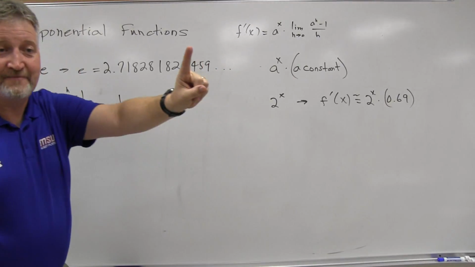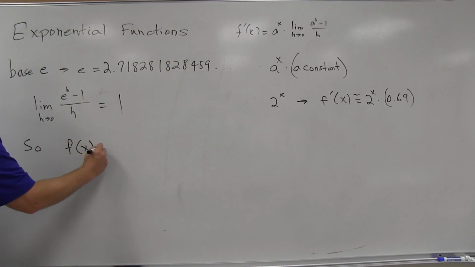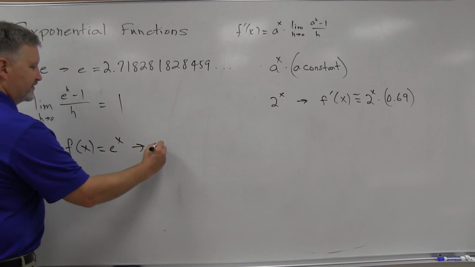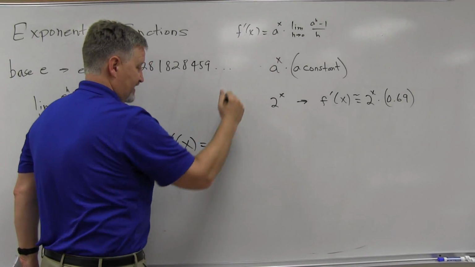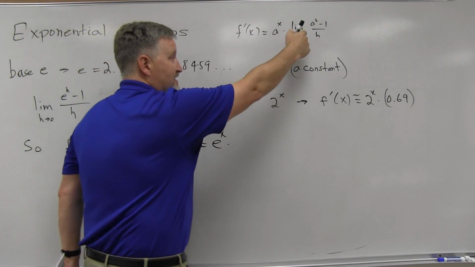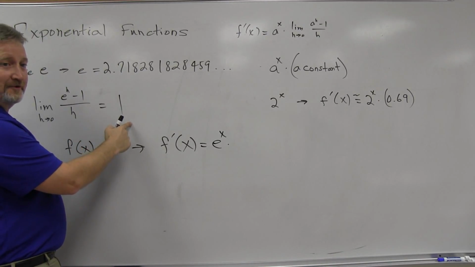Do you notice what that means? If f of x equals e to the x, the derivative is e to the x times this limit of e to the h minus 1 over h, but that limit is 1.